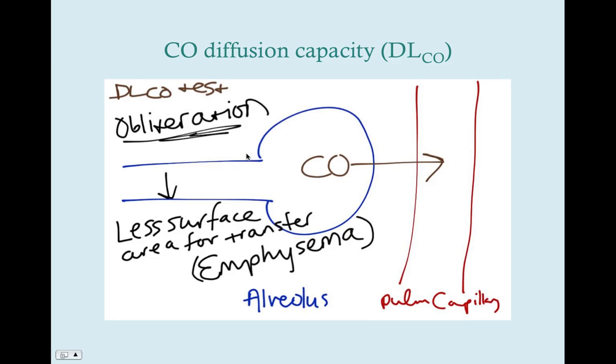And so if you have less surface area for transfer, then you're going to have decreased diffusion capacity, because that diffusion capacity is dependent to a certain degree on that surface area. Remember, our lungs have the surface area of a tennis court. So if you have less surface area, then you're going to dramatically decrease your gas transfer.